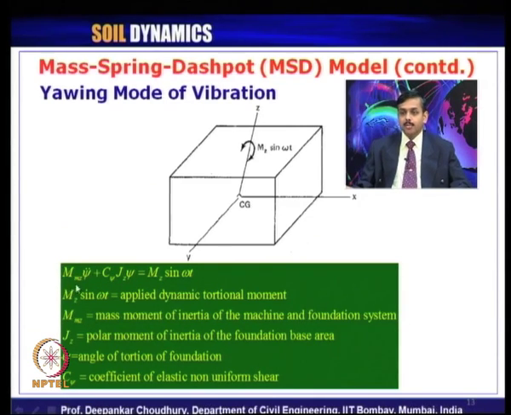Mass moment of inertia is associated with the inertia component, whereas for calculating the stiffness force we need to consider the area moment of inertia. Psi is the angle of torsion of the foundation about the z axis, that is, how much angular twist is going to occur for the foundation. And C psi, already defined in the previous lecture, is called the coefficient of elastic non-uniform shear, which can be obtained from the relationship between Cu, C psi and C tau.